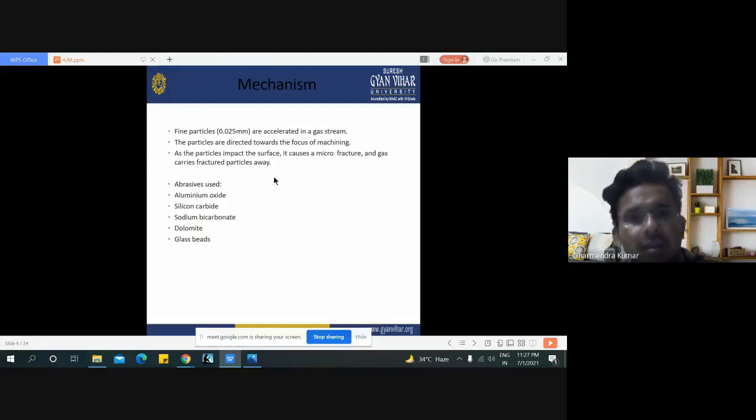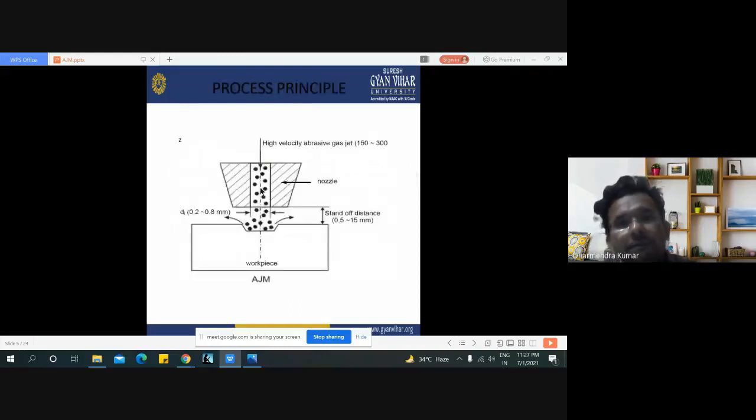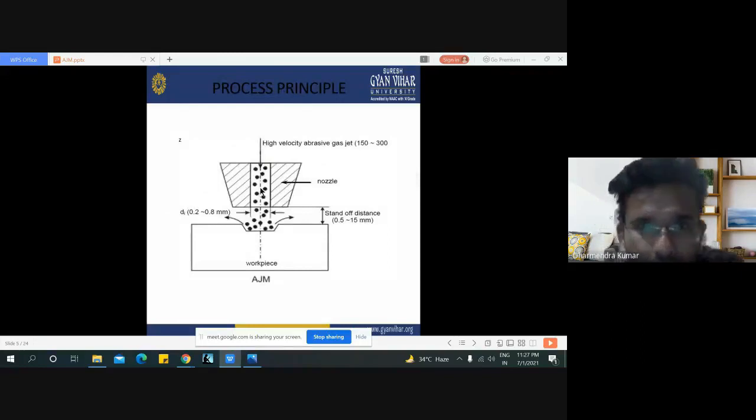As the particles impact the surface, they cause a micro fracture, which we have discussed earlier, and the gas carries the fractured particles away. Here we see that with the help of air or gas, abrasive particles strike the workpiece and a fracture takes place. After the fracture occurs, the high velocity gas is responsible for removing extra material from the workpiece.